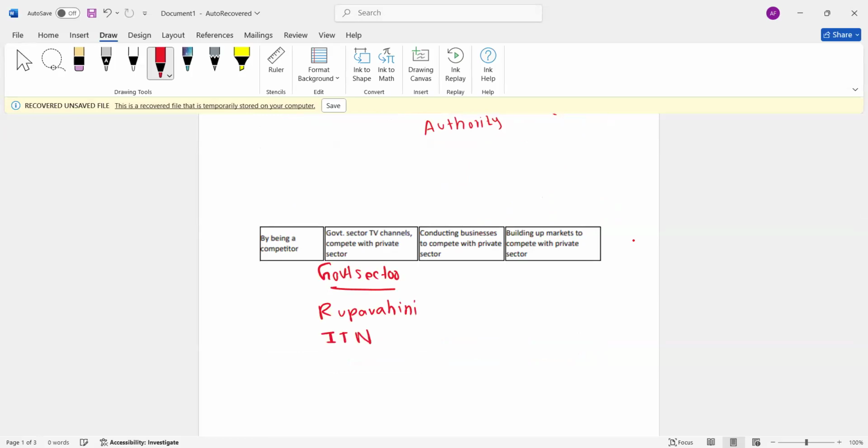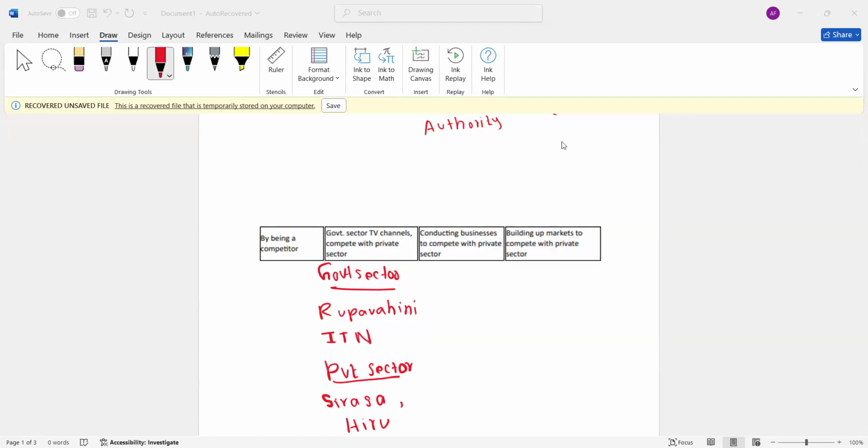And what are the private sector channels? They compete with private sector channels. What are those? Today it's a long class because it's a first class. Private sector channels: Sirasa, Hiru. So they compete with each other, isn't it?